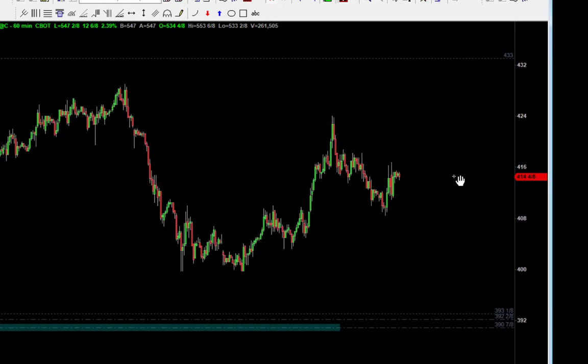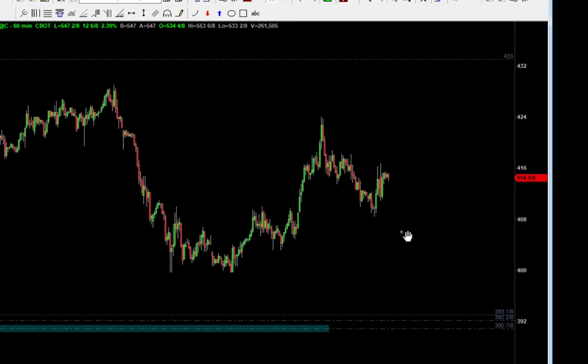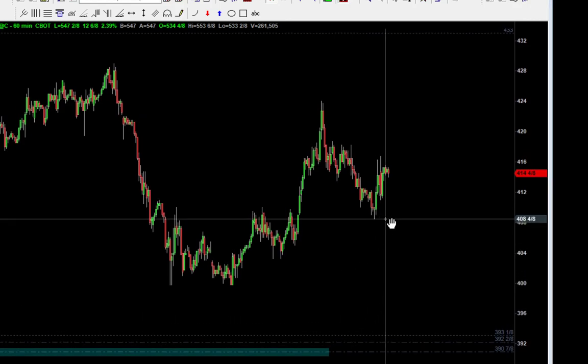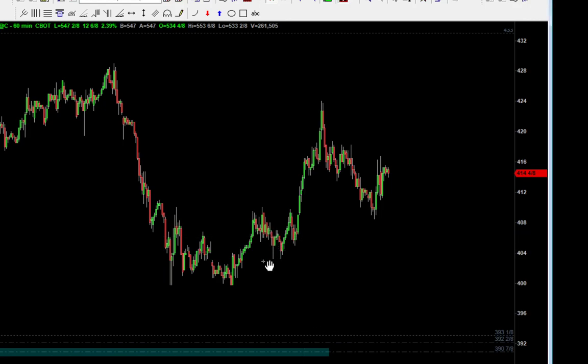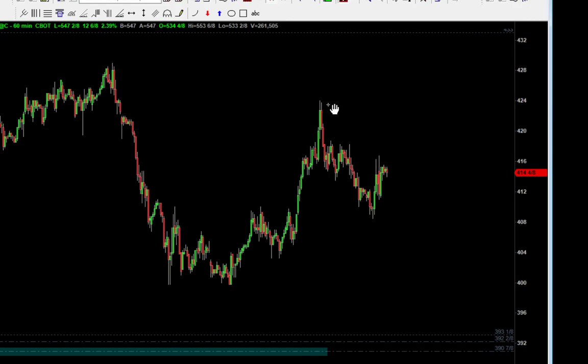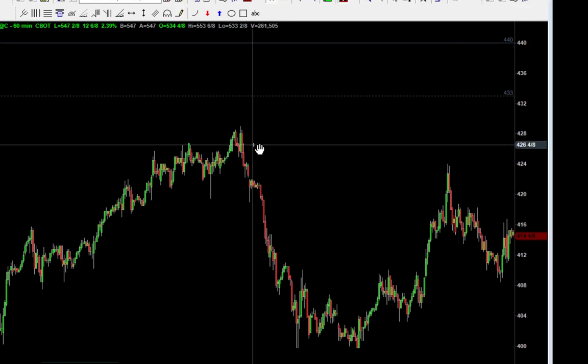At this point, there's not really any. I mean, there's supply and demand zones. Here's a demand zone. Here's a demand zone. That's probably something. No, it's not. Here is a supply zone. Here's a supply zone.